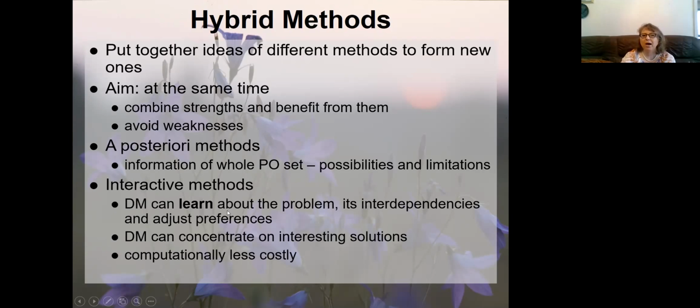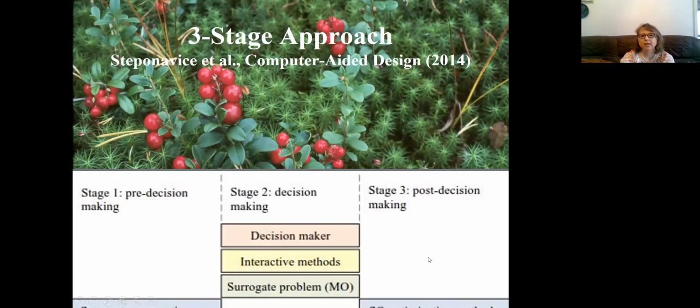And we can combine ideas of a posteriori and interactive methods to provide more information about the Pareto optimal solutions to start with, and then utilize the strengths of interactive methods in terms of allowing learning and concentration on small amounts of information at a time and saving computational costs. So some hybrids of a posteriori and interactive methods next.